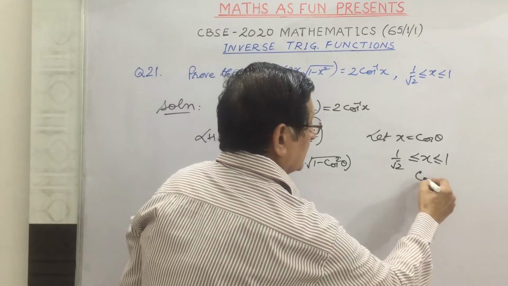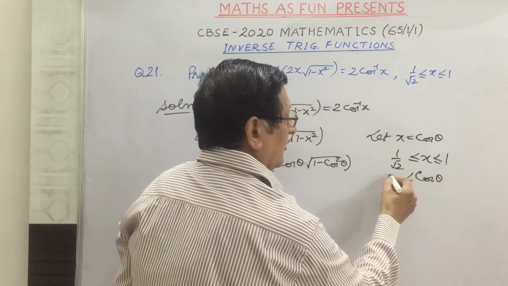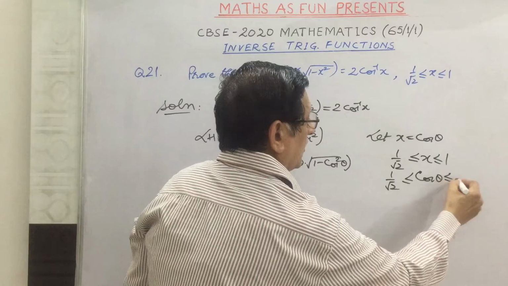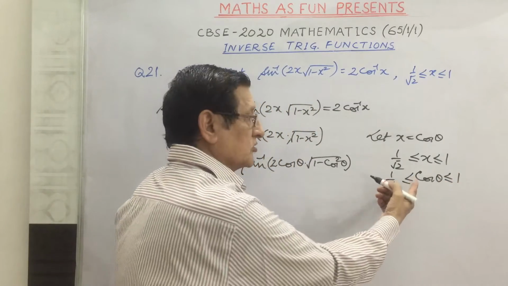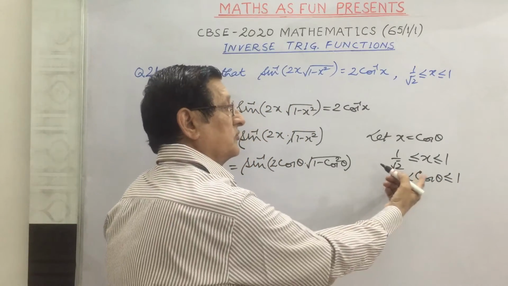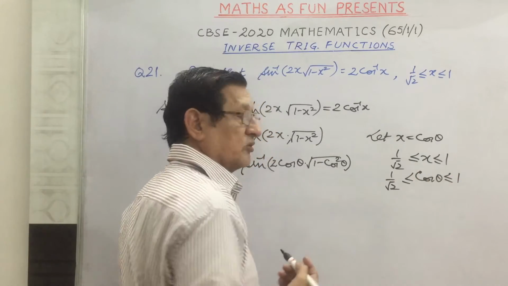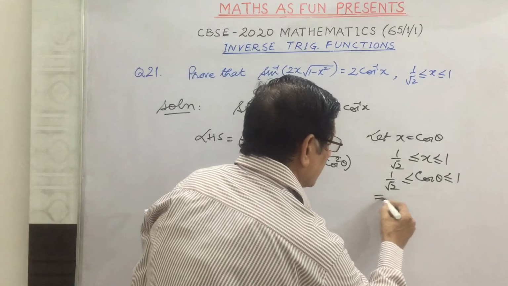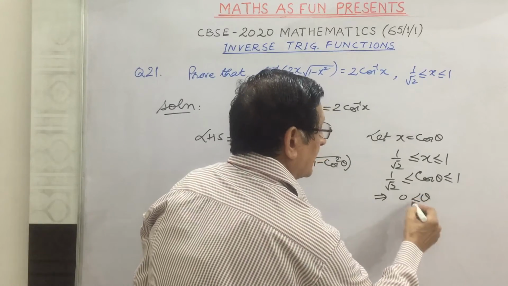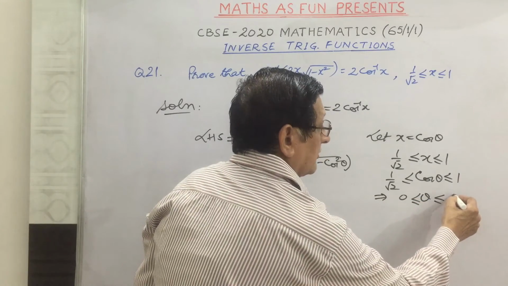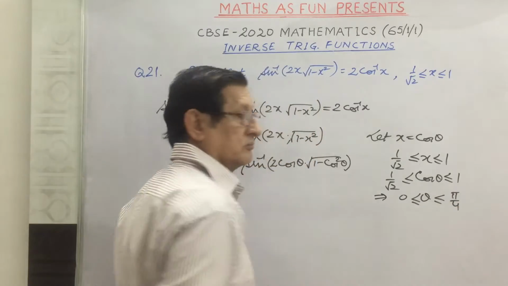It means cos theta is from 1 by root 2 to 1. And cos theta is 1 by root 2 means theta is pi by 4, and cos theta is 1 means theta is 0 degrees. So theta is lying between 0 and pi by 4.